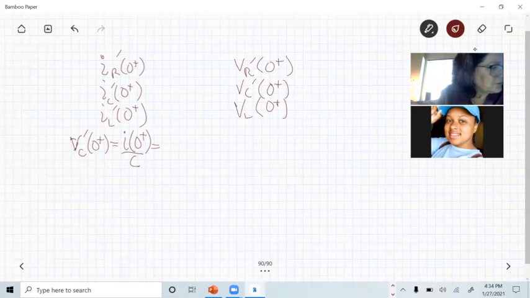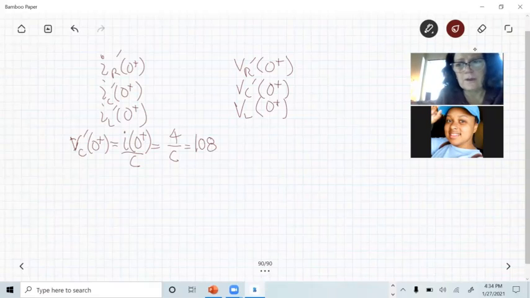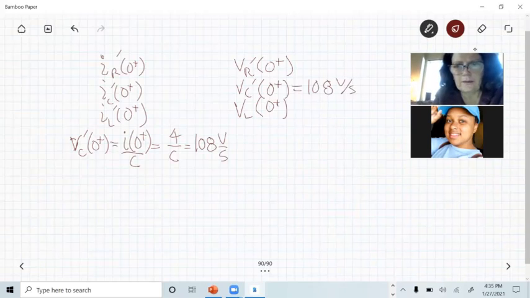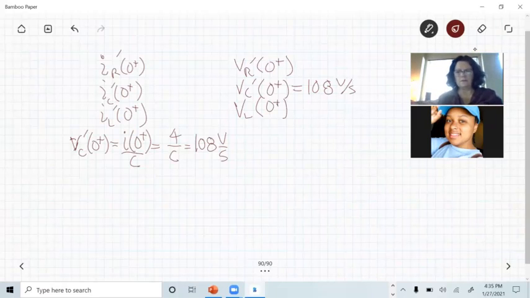So this is just 4 divided by the capacitance value, 4 over C, but it comes out to be 108. And this will have units because the rate of change of voltage will be volts per second. So we use that little formula, we got one of them really quick. 108 volts per second.